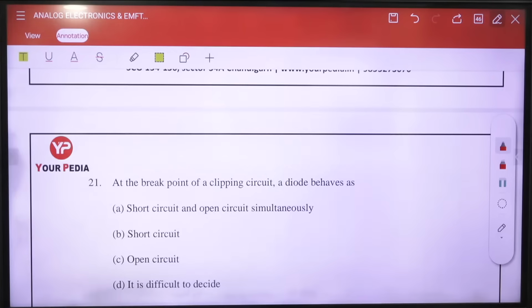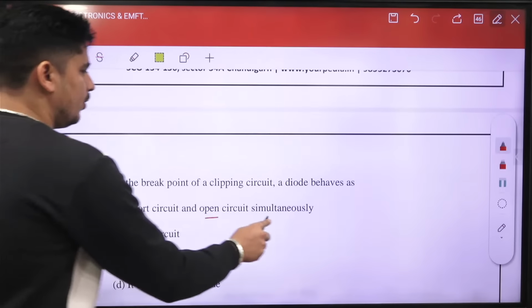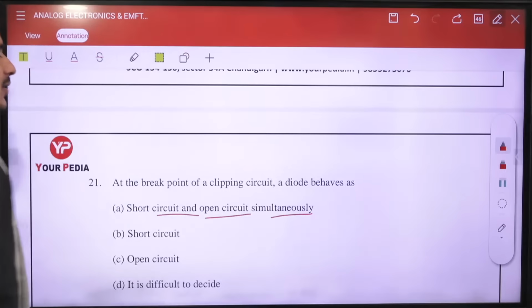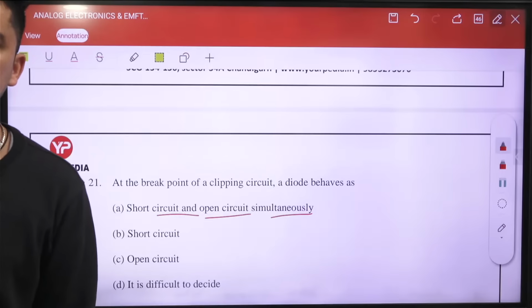At a breakpoint, the diode will behave as a short circuit and open circuit simultaneously. See, inside the circuits there are two or three diodes, right? If you are doing it for a clamper, they can behave as a short circuit as well as an open circuit, right?